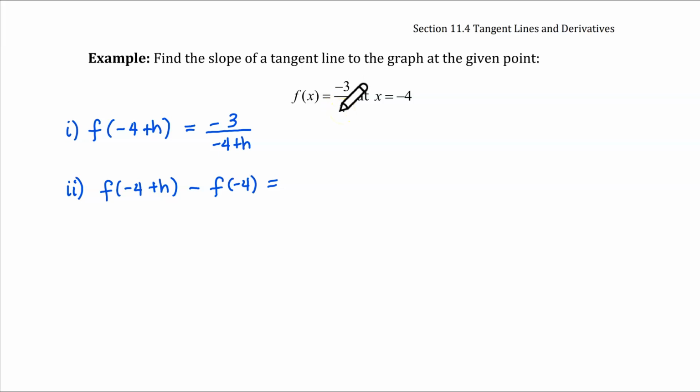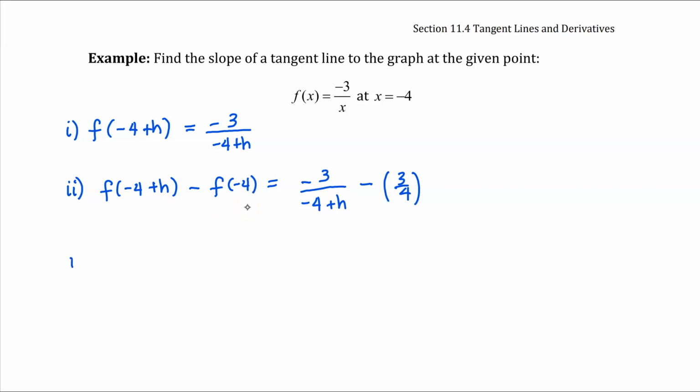That gives you 3/4. So we copy this first. We have -3 over -4 plus h minus, and here this is equal to 3/4. That's your f of -4.